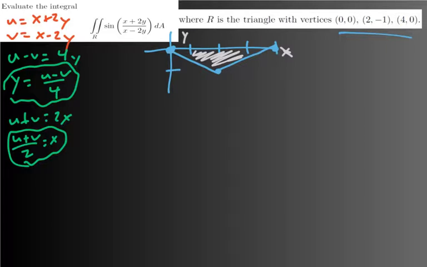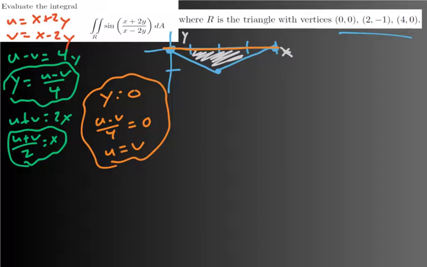So let's take this line. When y equals 0, right, I get u minus v over 4 equals 0, or just u equals v. So that's going to be something I'll graph here in a second. And then let's take this line. What would that be? Just negative a half x equals y.